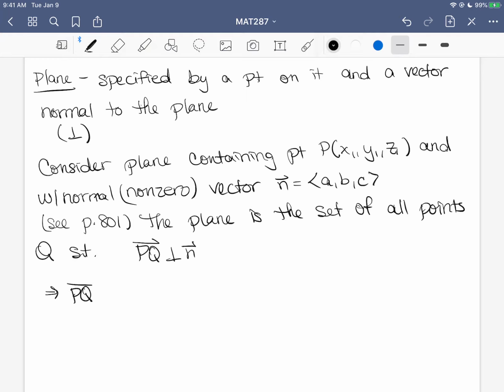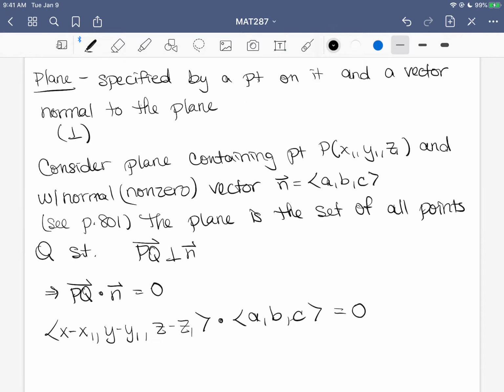That means that their dot product must be 0, and that's what we're going to use to write the equation of the plane. So PQ is the vector x minus x1, y minus y1, z minus z1, and n is the vector a, b, c, and that dot product must be 0.